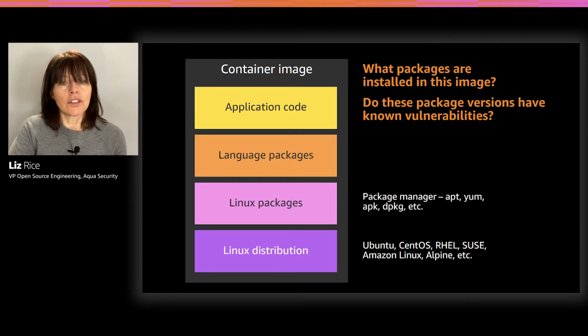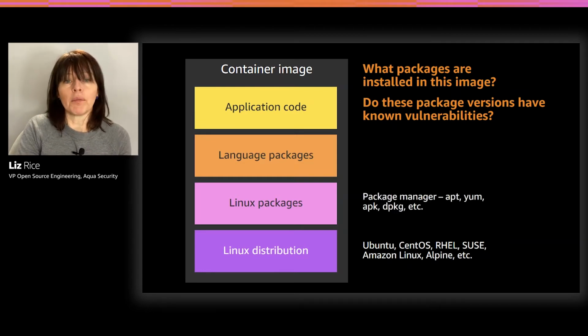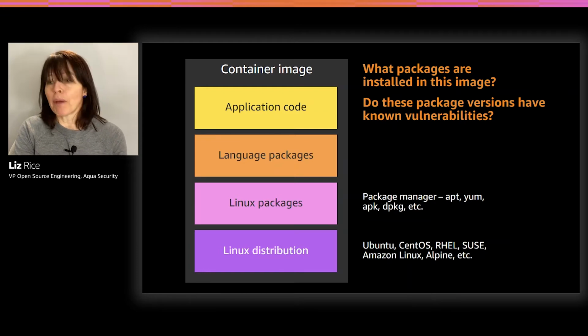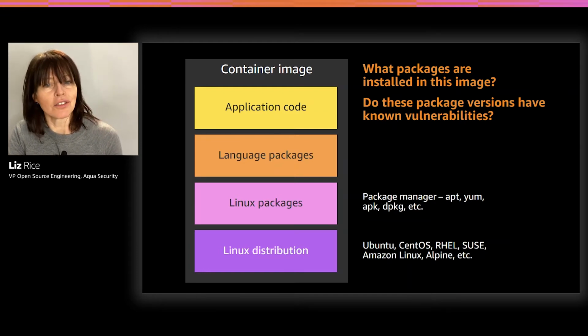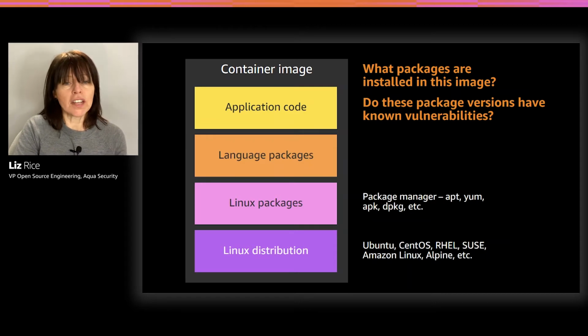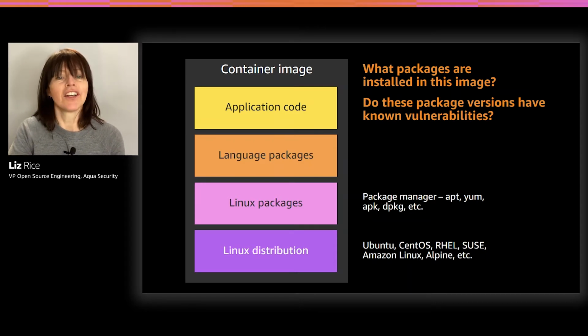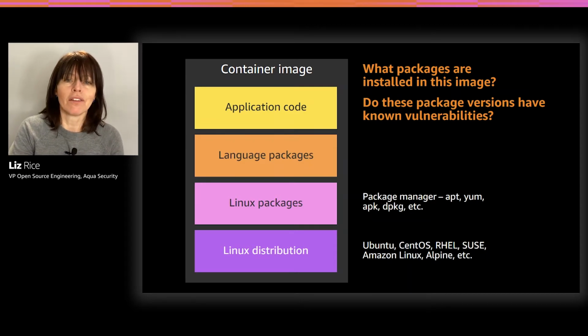Software is typically installed into the image at build time using a package manager, and the package manager typically depends on the distribution. The scanner needs to support the package manager so that it can find all the right version information.